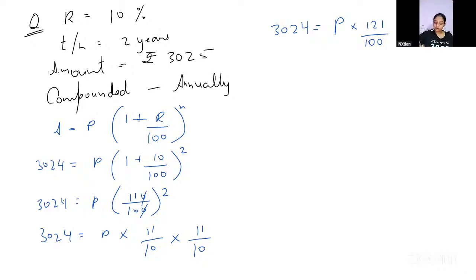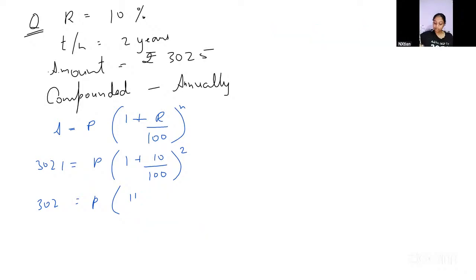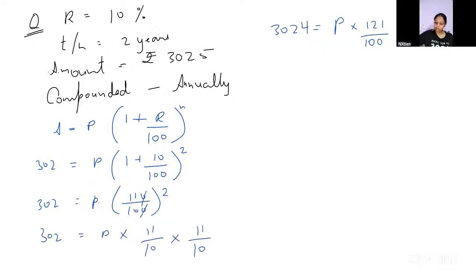Sorry, I've written 3024. So we need to know 11 square, 10 square, 21 square, and 20 square, right? Squares are very important, yes. That's mostly all the numbers that are coming.